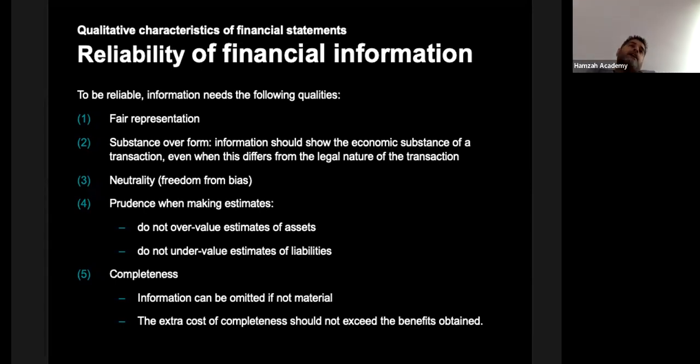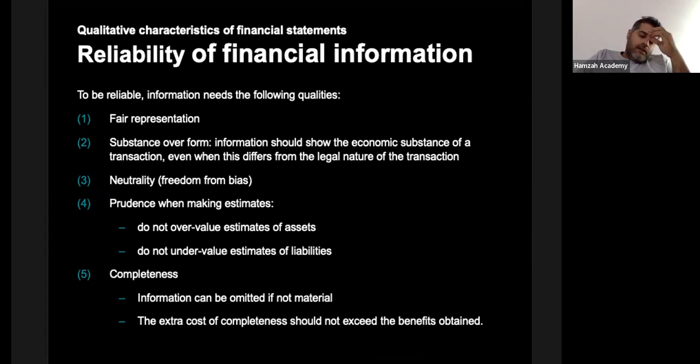Obviously, when we incur a higher cost in accessing or extracting the information, this has to be looked at as well, because these are the three E's: economy, efficiency, and effectiveness.